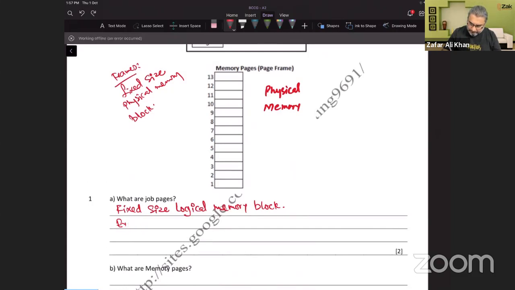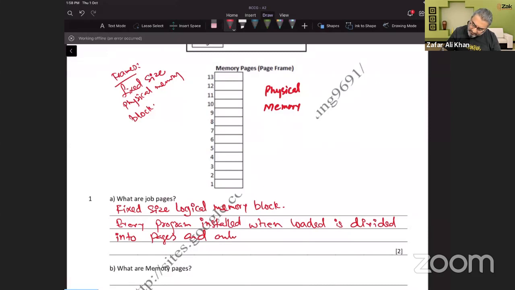Every program installed, when loaded, is divided into pages, and only pages required are loaded.